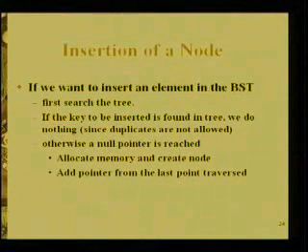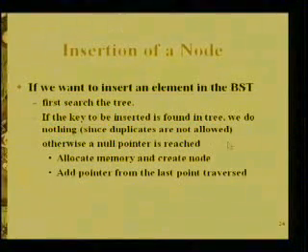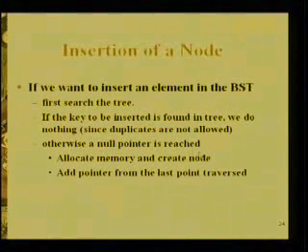The second step which you will be going through over here: if the key to be inserted is found in the tree, we do nothing, since duplicates are not allowed. Otherwise, a null pointer is reached. You will be reaching a null pointer, and that probably will be a leaf node, or it may be a node having a maximum of one subtree, so the other null you will be reaching.